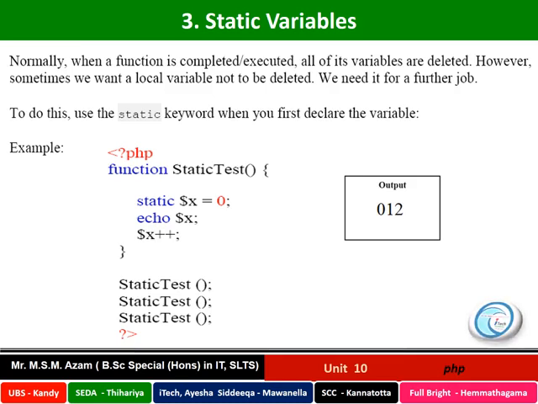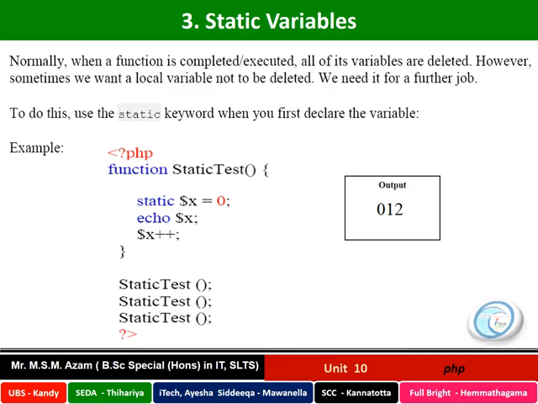The reason is, when we start the code, the value given to variable x was 0. After that, we use the echo function to print the x value. That means it's going to print 0. After that, we increment the x value by 1. That means the new x value becomes 1.